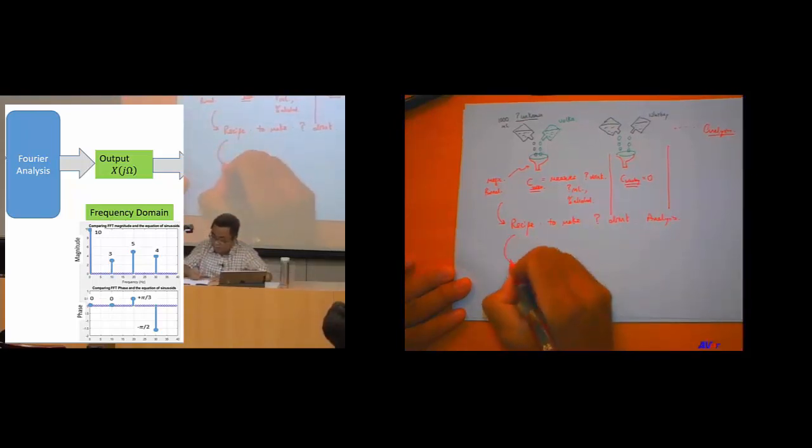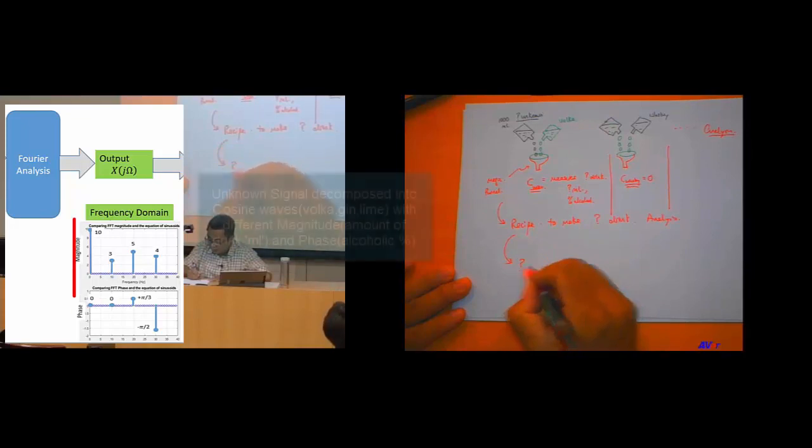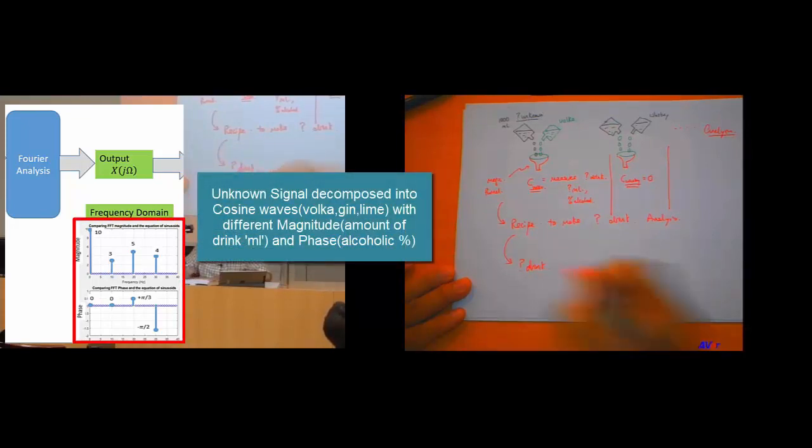And given the recipe, we want to make the unknown drink. For example, now we know that it is vodka plus lime plus gin. Not only do we need to know the type of alcoholic beverages it is, we need to know how much percent alcohol the vodka is, as well as how much content.